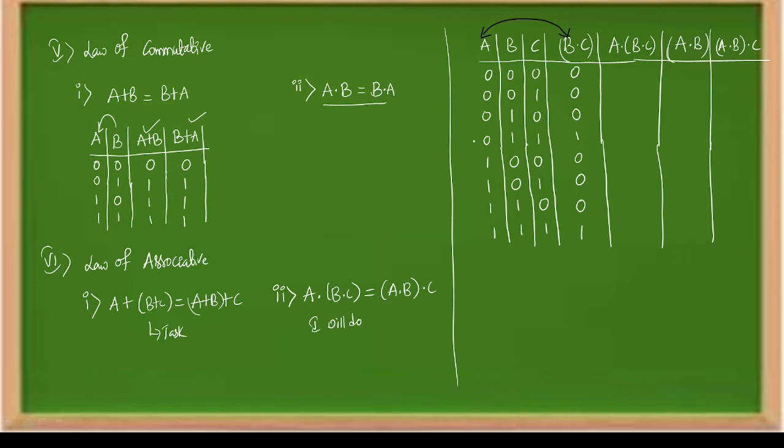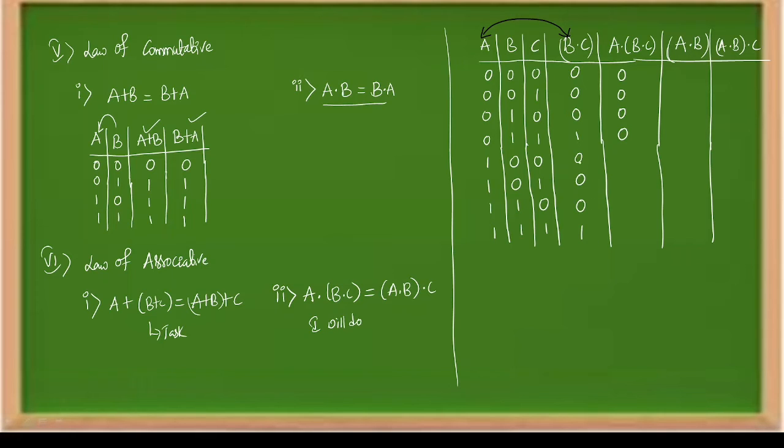Now, for the first four entries, if you observe, the input A is logic low. In the AND operation, if any one of the inputs is logic low, the output is automatically logic low. That's why, without seeing the values of B and C, we can directly write four zeros for the first four entries. Next, for the remaining four entries, A is logic high, so you need to check the B and C inputs.